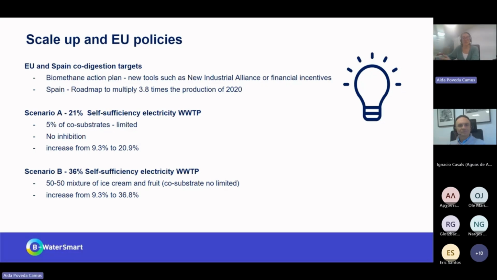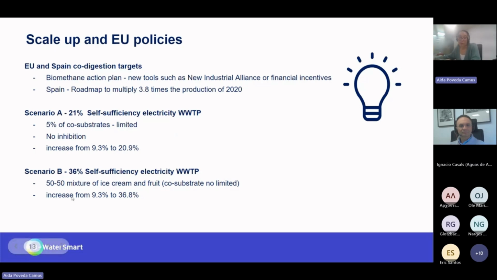So by the end of this campaign, theoretical studies were made on what the scenarios would be, depending on the availability of the co-substrates. Scenario A shows an improvement from 9.3 to 21% energy self-sufficiency by adding 5% of the co-substrate that is available today.